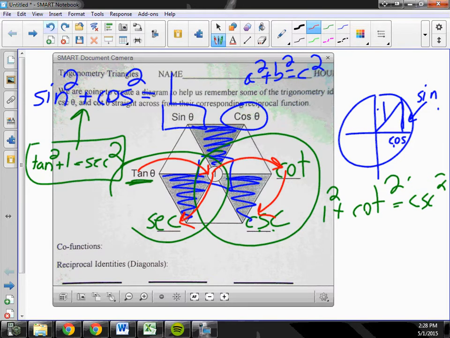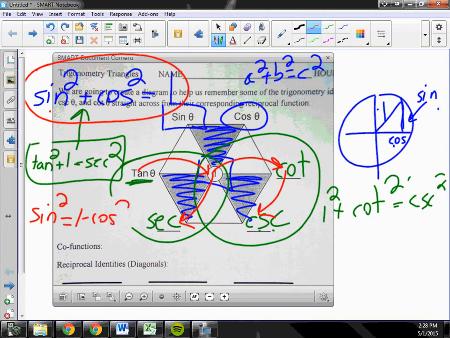Okay, so can this be written another way? So normally we'd rewrite the Pythagorean theorem a squared plus b squared equals c squared. Could we write it in terms of a squared? What is the Pythagorean theorem in terms of a squared? c squared minus b squared. So I can write this in terms of sine. Sine squared equals 1 minus the cosine squared.